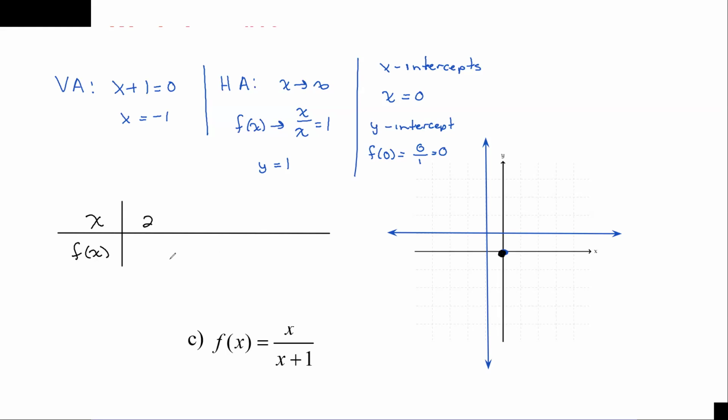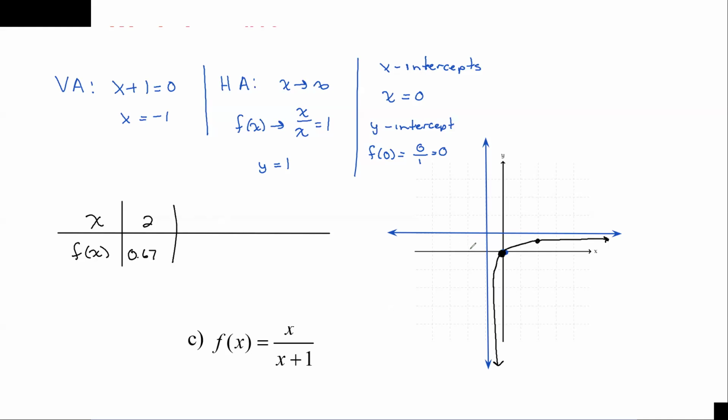At 2, we're getting a function value of 0.67. So roughly here. It looks like I'm probably just running along this asymptote, and I definitely can only run along this asymptote. We're seeing that we're curving towards going down.